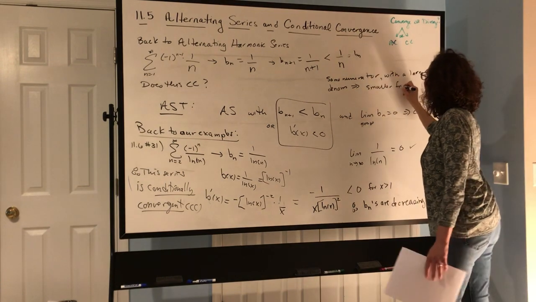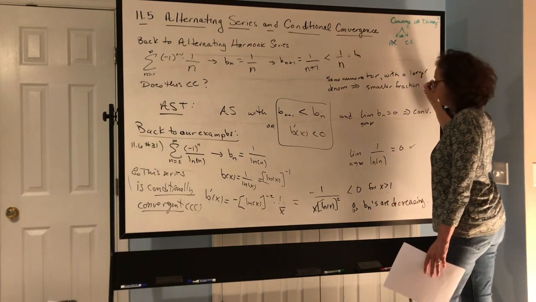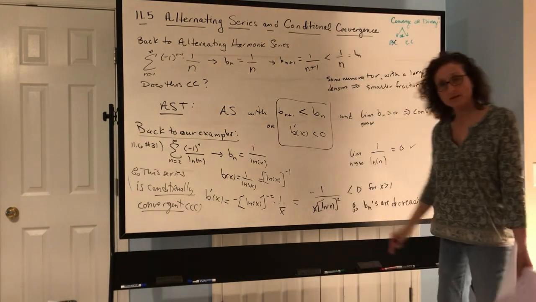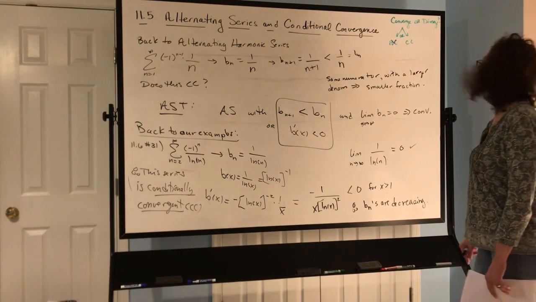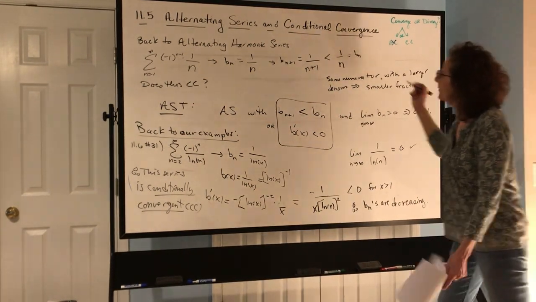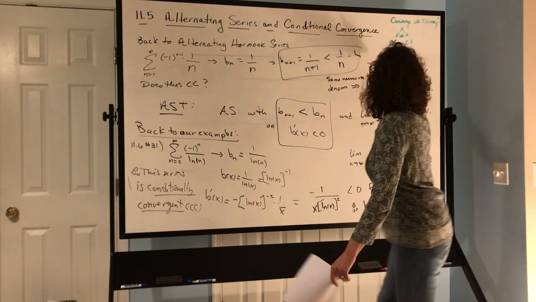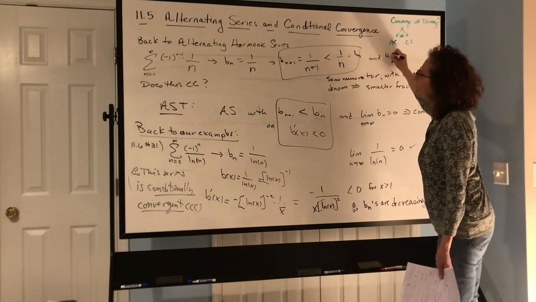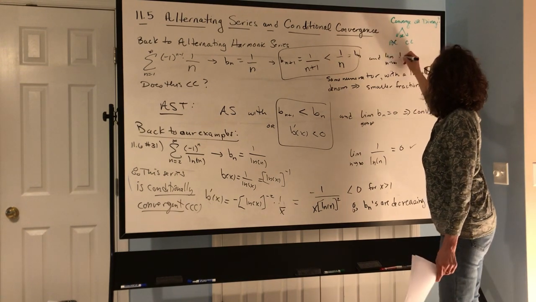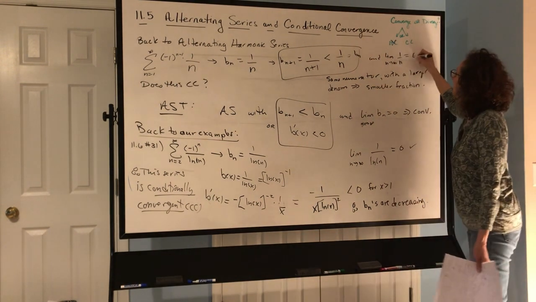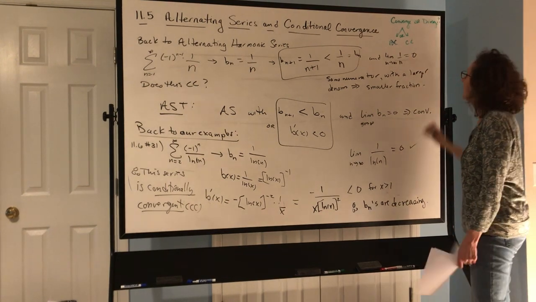You've got to convince me, just like down here, you've got to take those derivatives and show it's negative. And so this is legit. This is what we had to show. And what else? The limit as n goes to infinity of b_n, 1 over n. Who thought of our favorite limits? We've seen that 1,000 times.